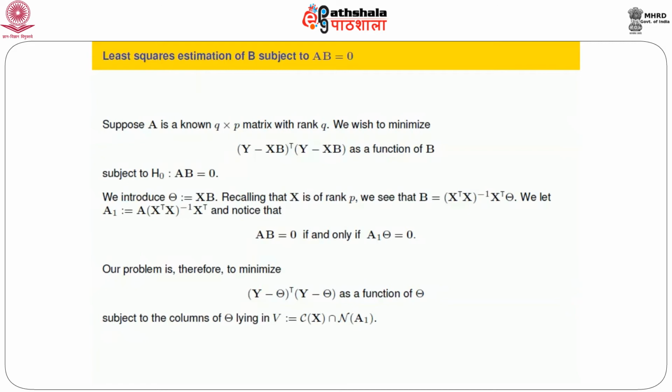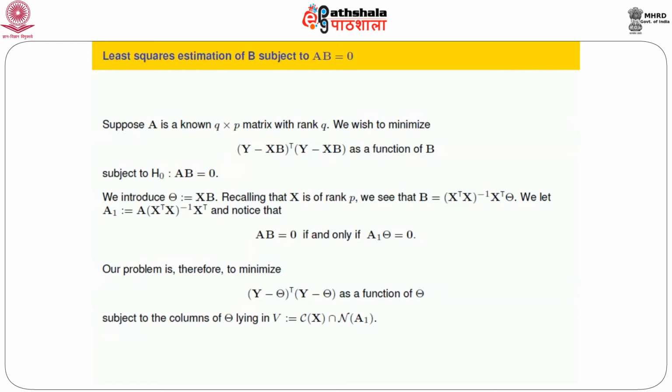Had beta been a vector, we would have been able to extract that beta vector from this relationship. Similarly here we can write B is equal to (X transpose X) inverse X transpose Theta. X is of size n cross p, so X transpose X is a p cross p matrix, full rank, so invertible. So there is a connection between this B parameter and this Theta, the expectation of Y.